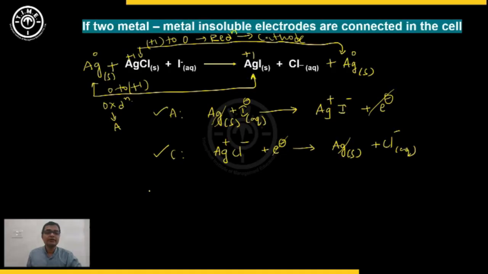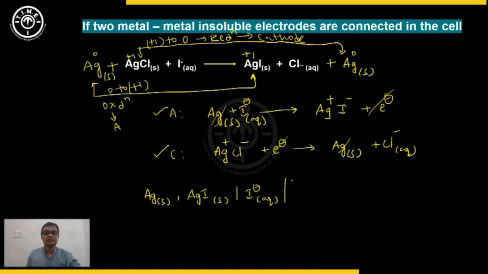What you have to write here: silver solid, which is oxidized to AgI, connected with I minus, aqueous.